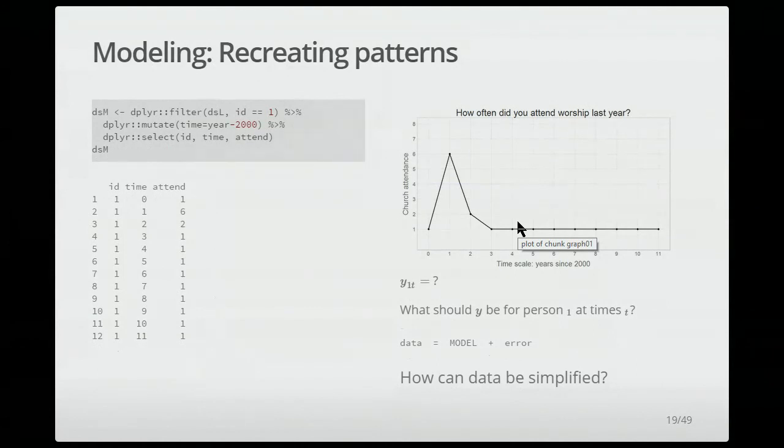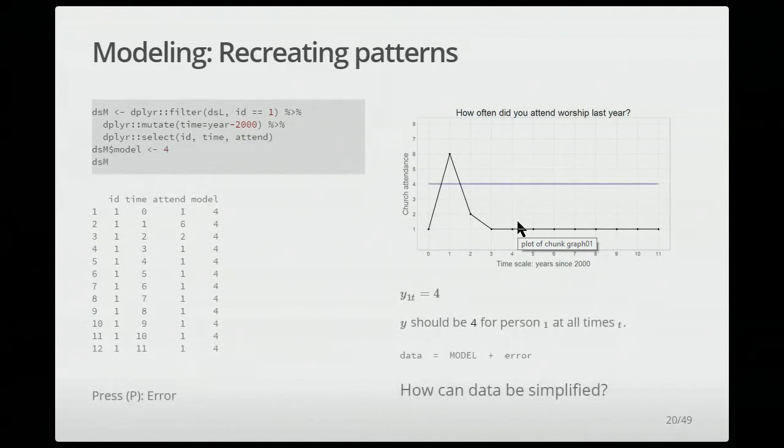Well, this model that we're fitting says Y should be 4 for person 1 at all times t. Is that a good model? Probably not, but it is a model, right? It does what the model is supposed to do. It says what the value should be for that time, for that individual. And maybe our substantiation for that is, I saw it in a dream last night.